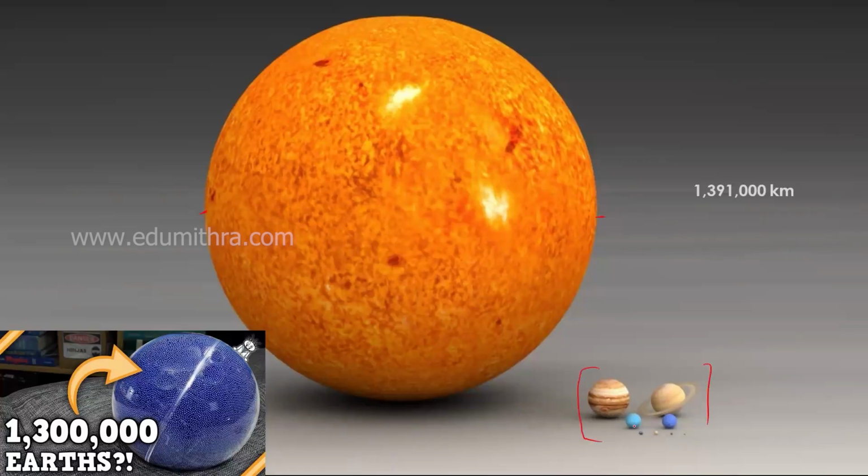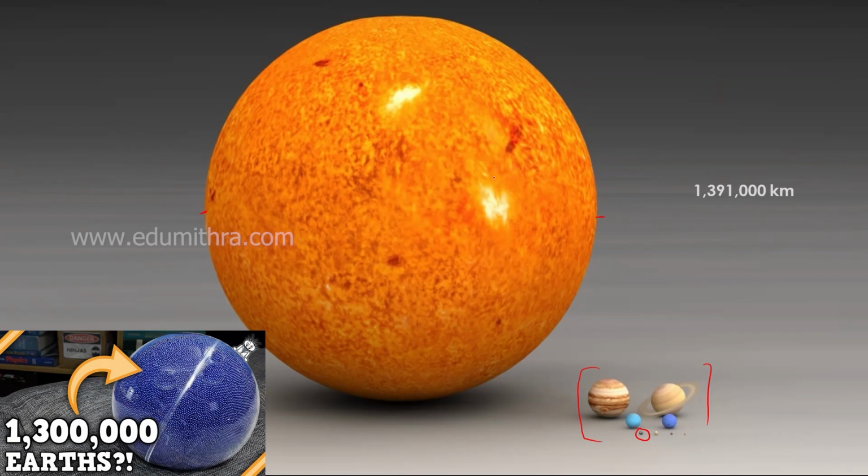Earth is so small compared with the sun. In photos we may think the planets are of comparable size, and that Earth is pretty big, but when you compare it side by side, this is the reality.